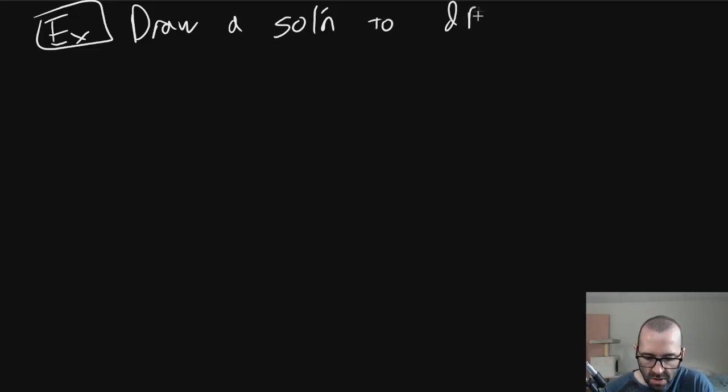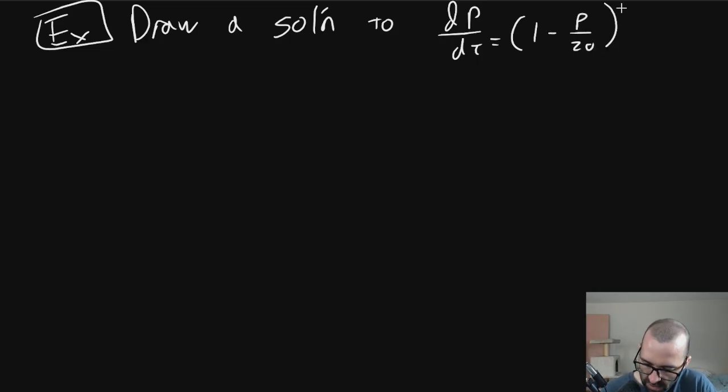All right, so let's do kind of the same thing, but this time I just want you to draw one solution, and I'll have you practice. Draw a solution to the differential equation dp/dt equals (1 minus p/20) cubed times (p/5 minus 1) times p to the 7th.